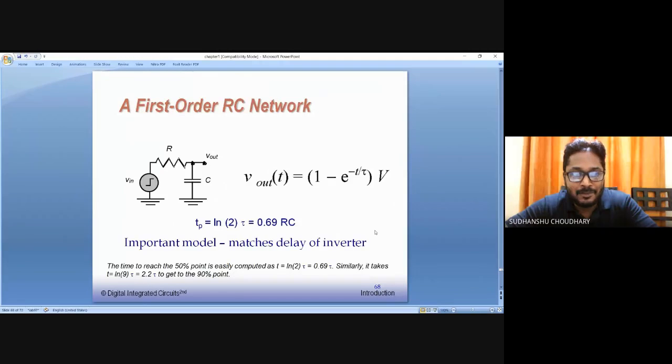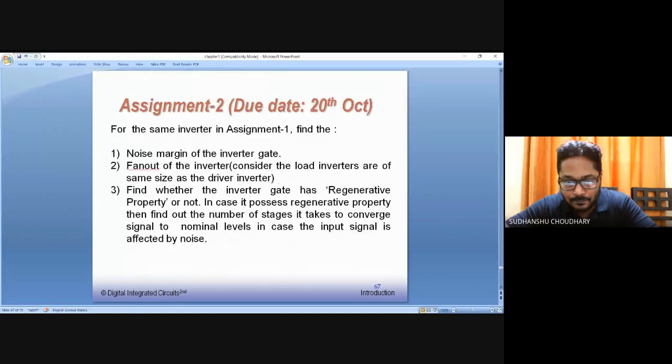Now let me also give you a small demo. In fact you have already done it, so there is no point in giving a demo, but I used to normally give the demo to my students, so let me open this. This is Top Spice, another software you can use. Here also you can write the same CMOS inverter code.